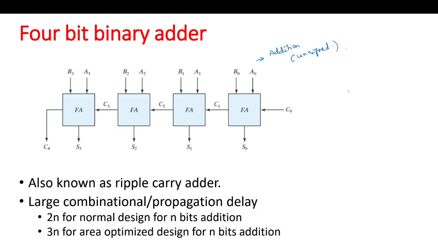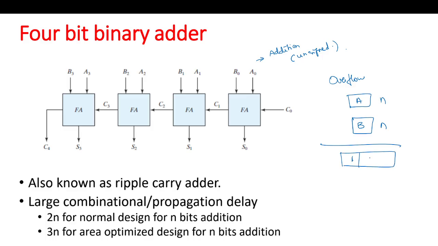So when we are performing unsigned addition, what is overflow? We have an A which is n bit, we have a B which is n bit, and the output is 1 carry and the sum. So this is the carry out, and this is n bit. So we get the output n plus 1 bits.